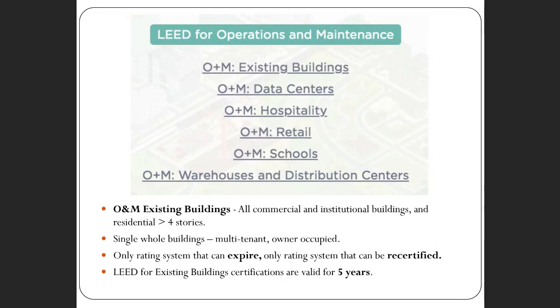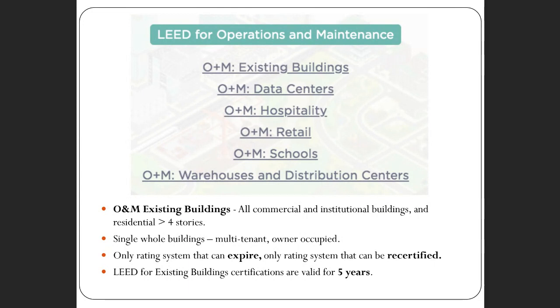Here are LEED rating systems related to O&M, or operations and maintenance. So this is existing buildings. This is the only rating system that expires and can be recertified, at least the way that the LEED system currently works.